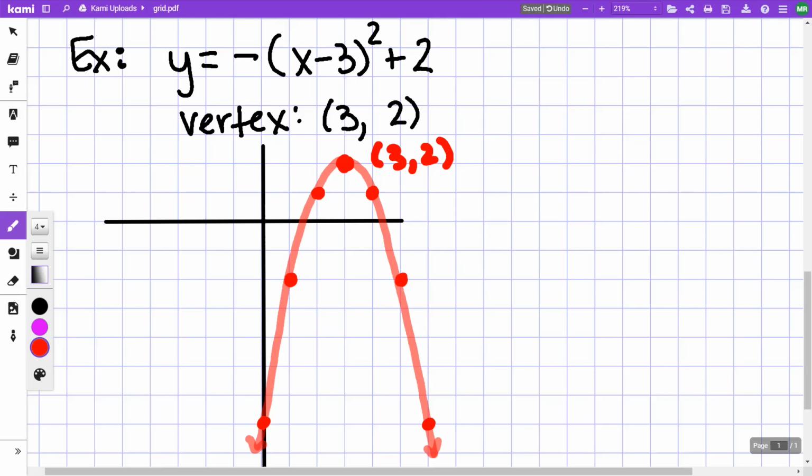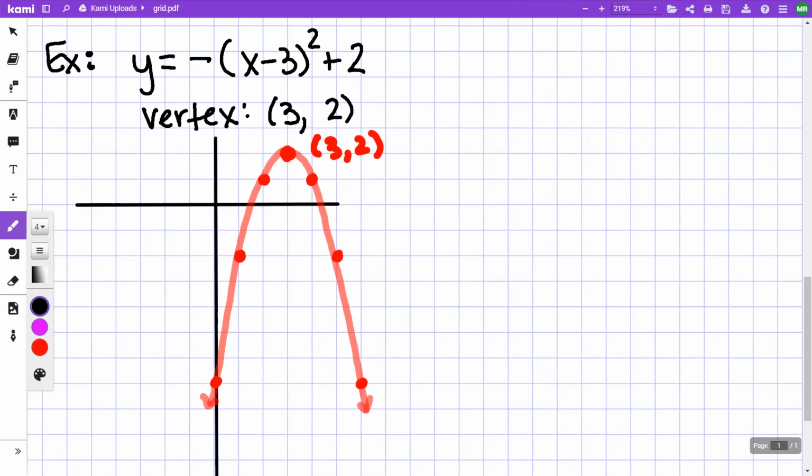And I want to do one with an actual number in front. Okay. So let's say I do a second example here.